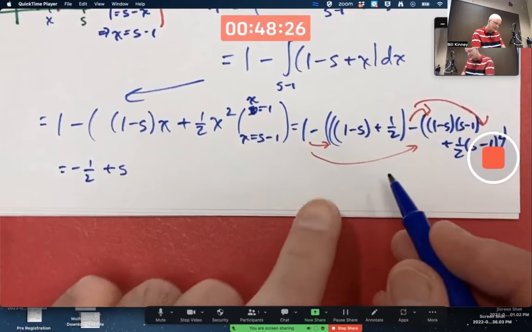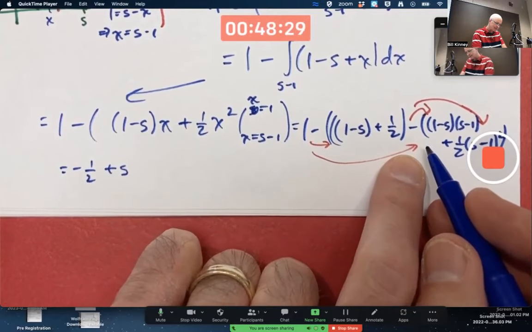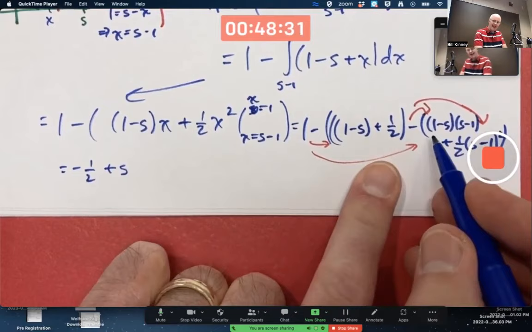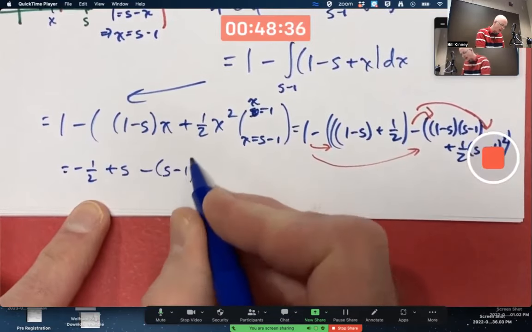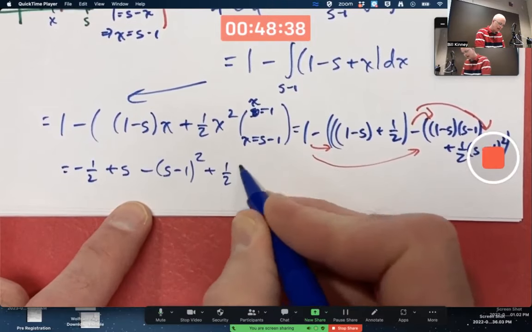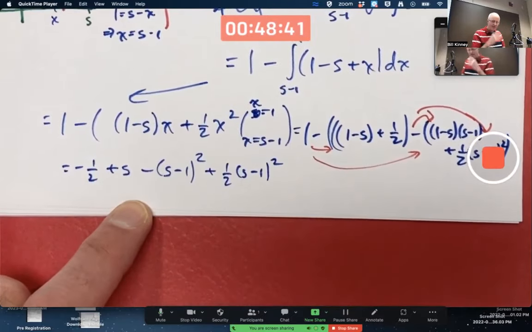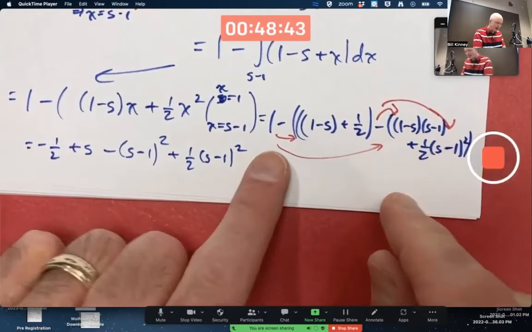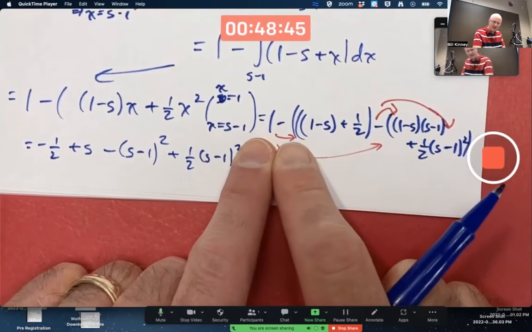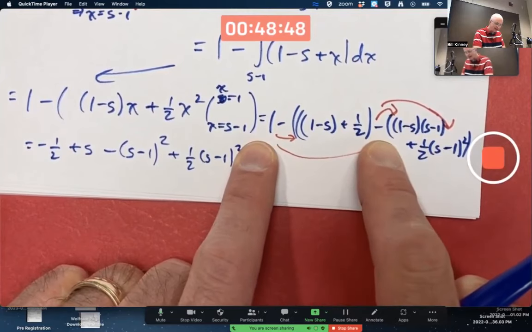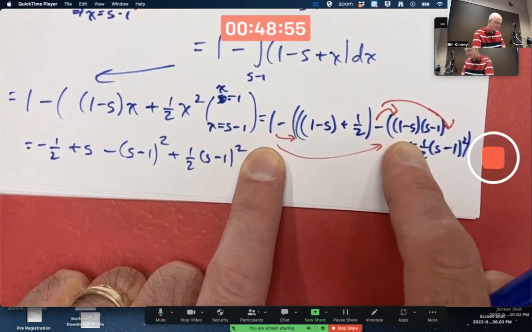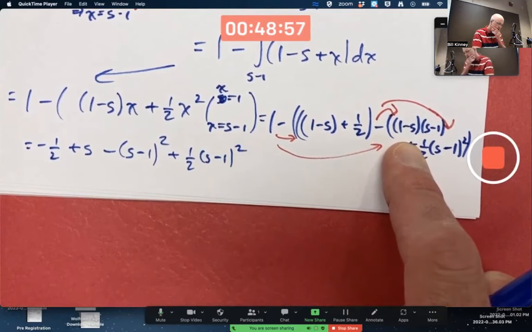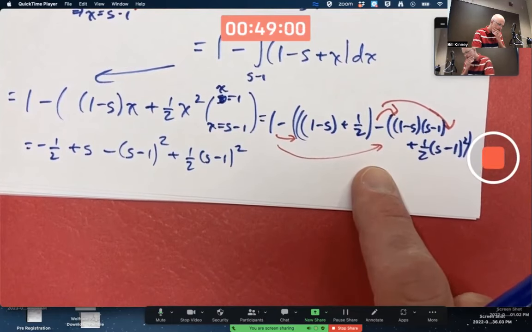That minus sign makes that the minus sign plus. 1 minus s times s minus 1 could be thought of as negative s minus 1 squared. Right? I got 3 minus signs going on there. I got the minus sign that came here through there, making that a plus sign. And then the minus sign through there becomes then a minus sign effectively. But then, oh, wait a minute. So did I get it wrong? Oh boy.